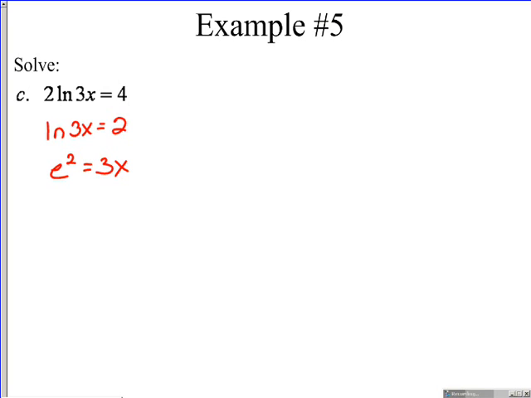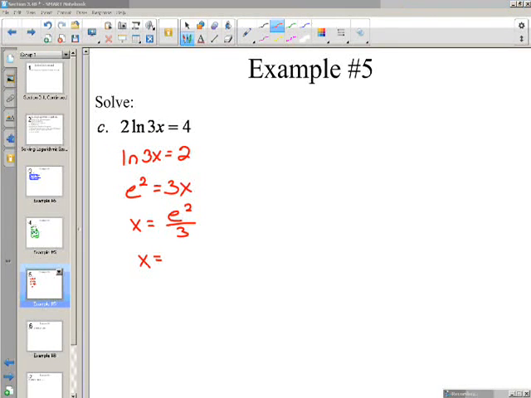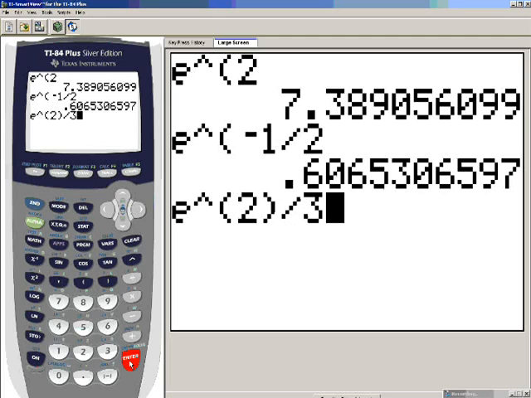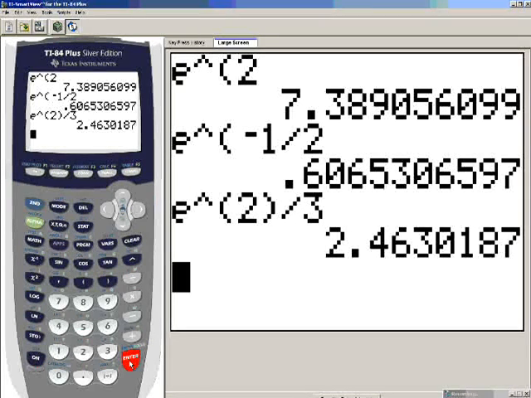Finish solving that for x. We get x equals e squared divided by 3. Plug that expression into your calculator. We get 2.463.